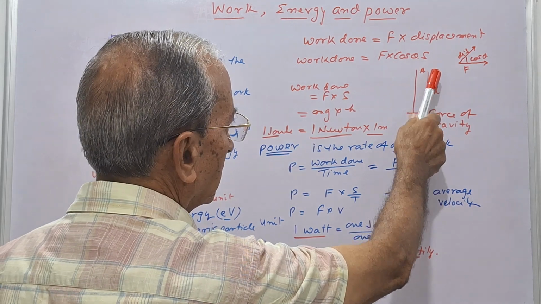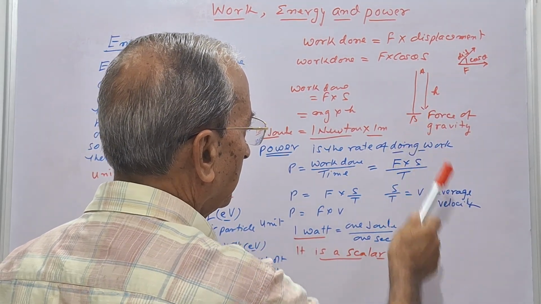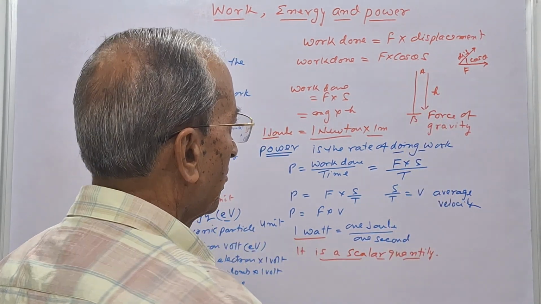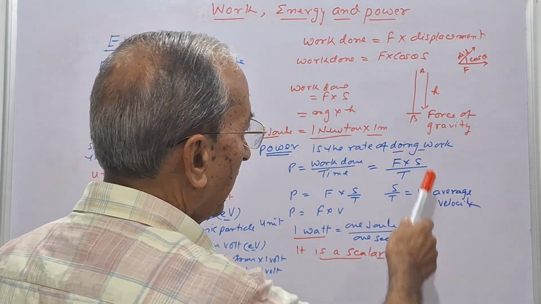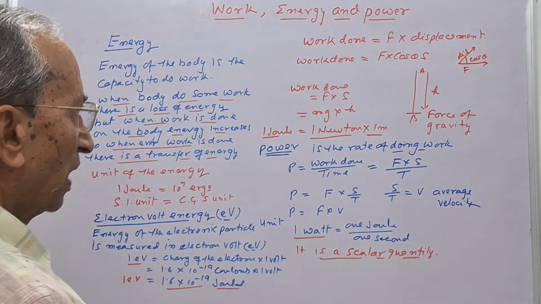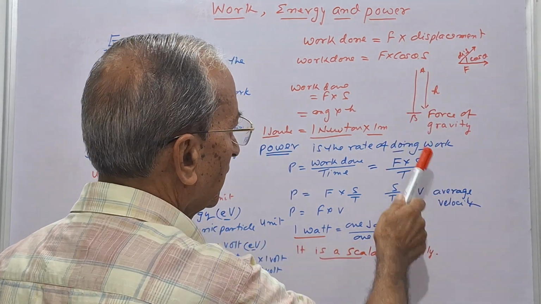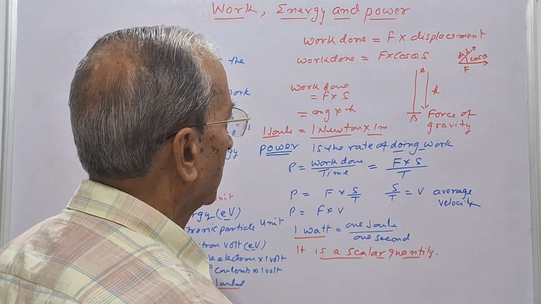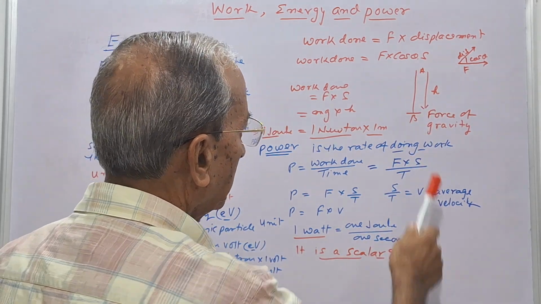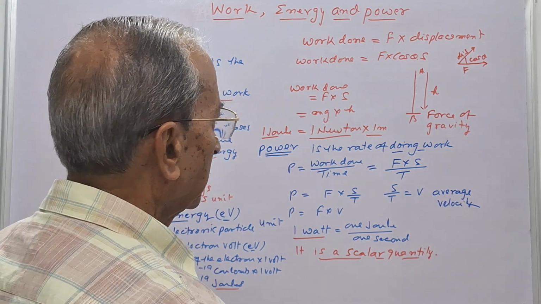If something from A falls on the ground at a point B, here the distance covered is the height and the force is the force of gravity.